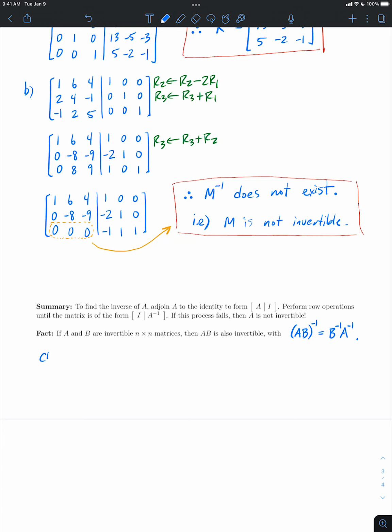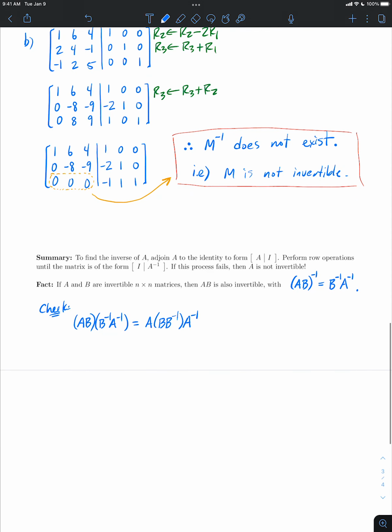Check that if you take A times B and multiply it by B inverse A inverse, you actually get the identity. But you do. Use the associative property to shuffle the brackets around, and you can make a point of multiplying the B and the B inverse directly, which is going to give you the identity, right? So you end up just getting A times A inverse, which is also the identity.